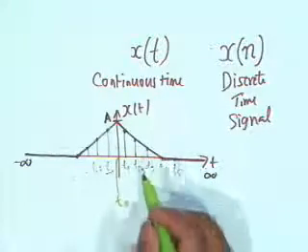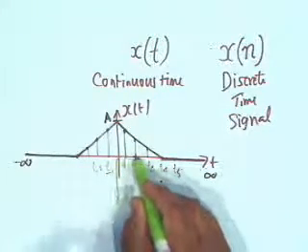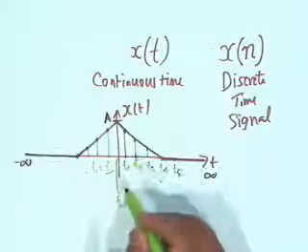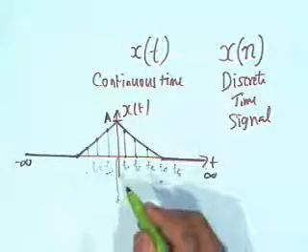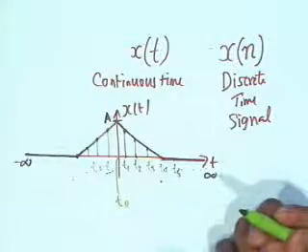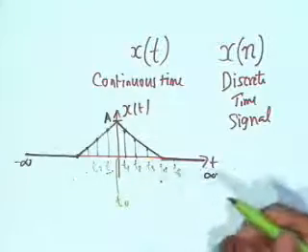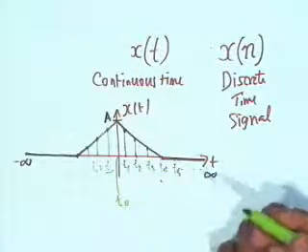Between t1 and t2, the signal is not defined. It does not exist. Such a signal is called a discrete time signal because it exists only at discrete values of time. It does not exist anywhere in between. Is the concept clear?